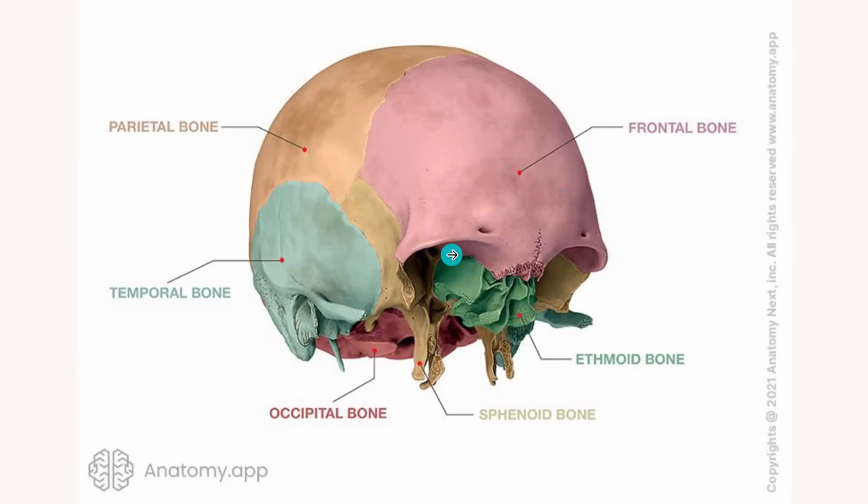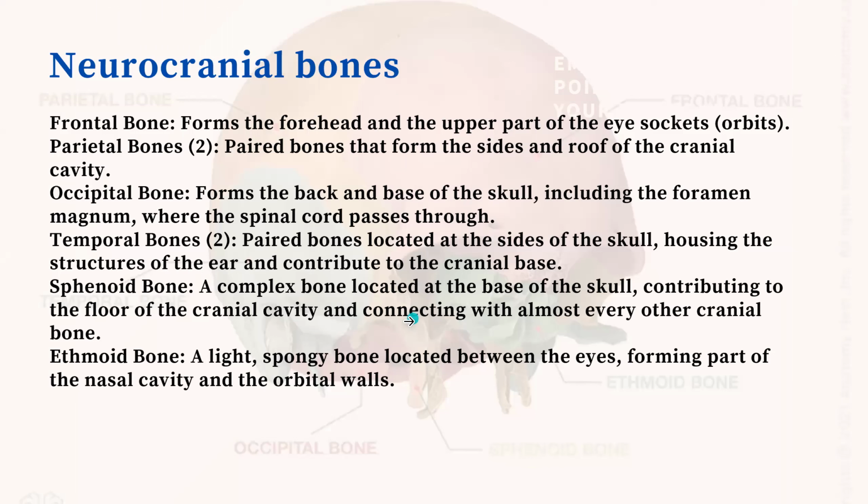So for that portion, it's considered a neurocranial bone, and some anatomists consider the ethmoid bone as part of the viscerocranial part. Sorry. Now let's read some notes about the neurocranial bones.